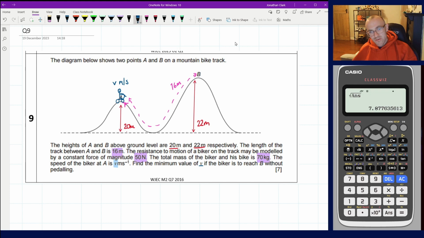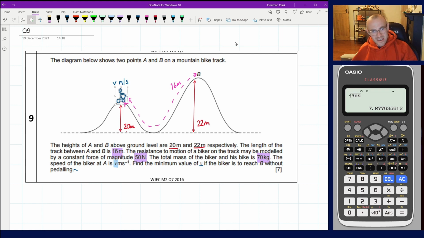Find the minimum value of v if the biker is to reach B without pedaling. So without pedaling means there's no additional energy coming from the cyclist into the system. We want the cyclist to get to B, all the way up there, without adding any extra energy into the system.